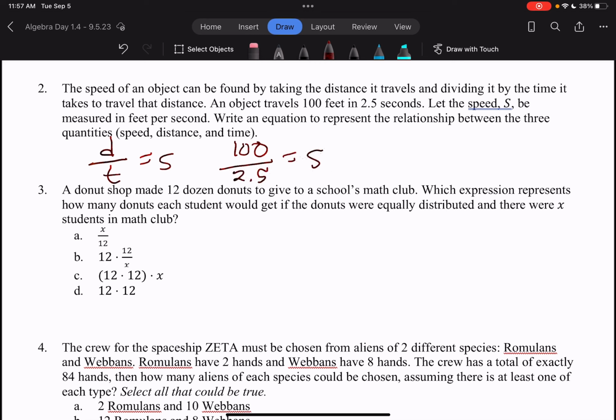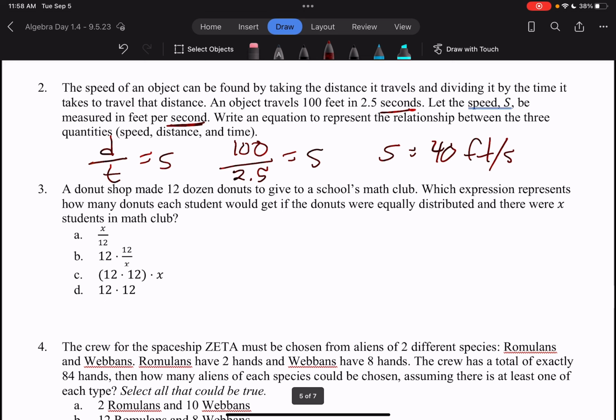Equals S. All right, it's being measured in feet per second, so we don't need to do any conversions to minutes or anything like that here. So if we do 100 divided by 2.5, and you should recognize 100 divided by 25 as 4. So 100 divided by 2.5 is going to be 40. So S equals 40. Remember, we're measuring in feet per second.